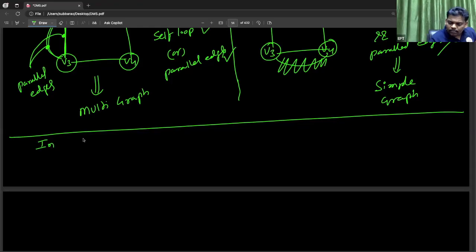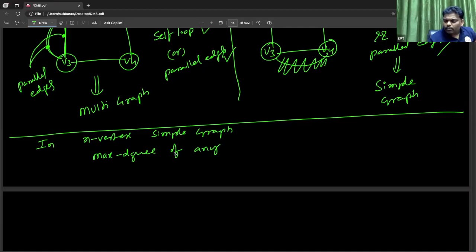In an n vertex simple graph, what is the maximum degree of any vertex possible? Can anyone guess?